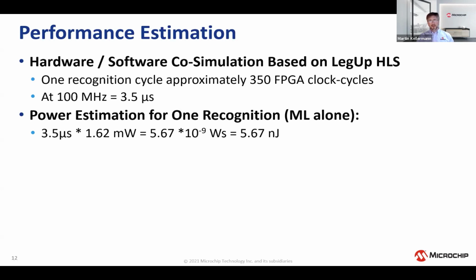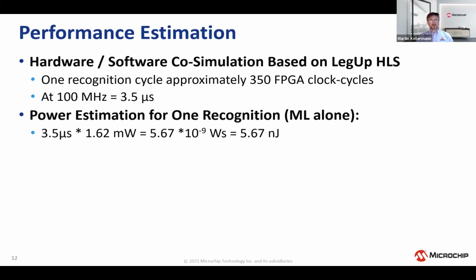And now, the question is, how much energy do I need for one recognition? Taking the 1.6 milliwatts from before and multiplying it by the time, I'm here at 6 nanojoule. Small number, great number, tiny number.